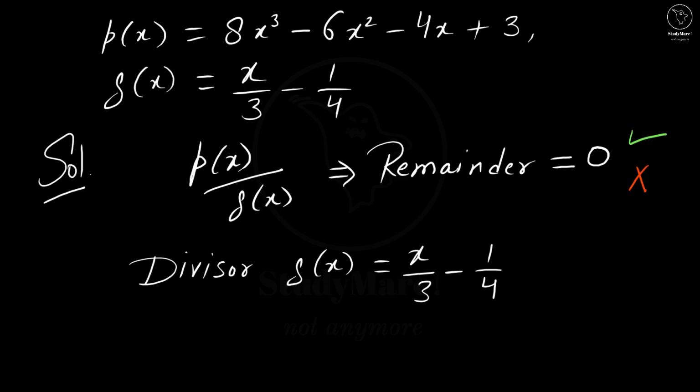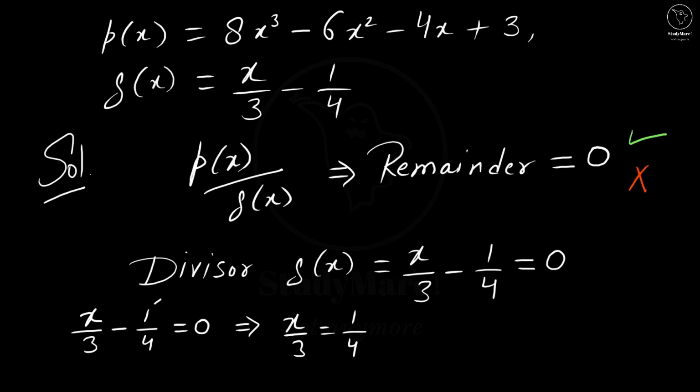That means we need to find the value of x in this divisor. For that, we have to equate this to 0 and solve it. We get x upon 3 minus 1 upon 4 is equal to 0, which means x upon 3 is equal to 1 upon 4.